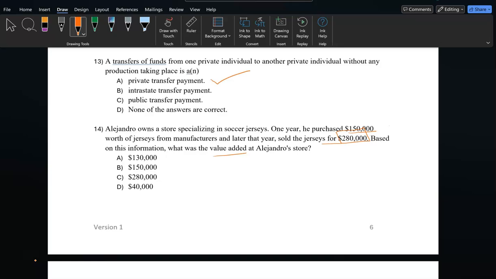We just need to find out the value added between these two steps of the production process. It's just 280,000. From that we subtract 150,000 and we end up with 130,000 as our value added between these two steps of the production process.